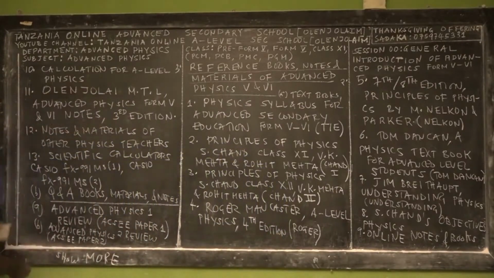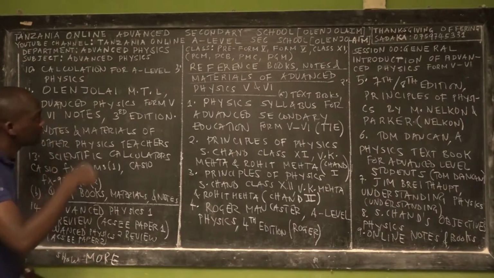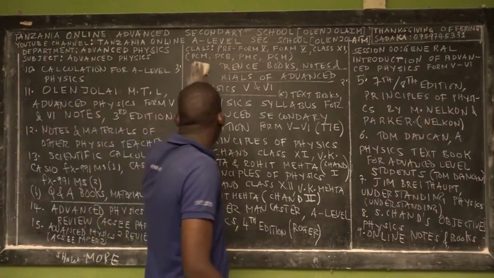So for numbering, it's reference book 14, and this is reference book 15. So we go for reference book number 16.